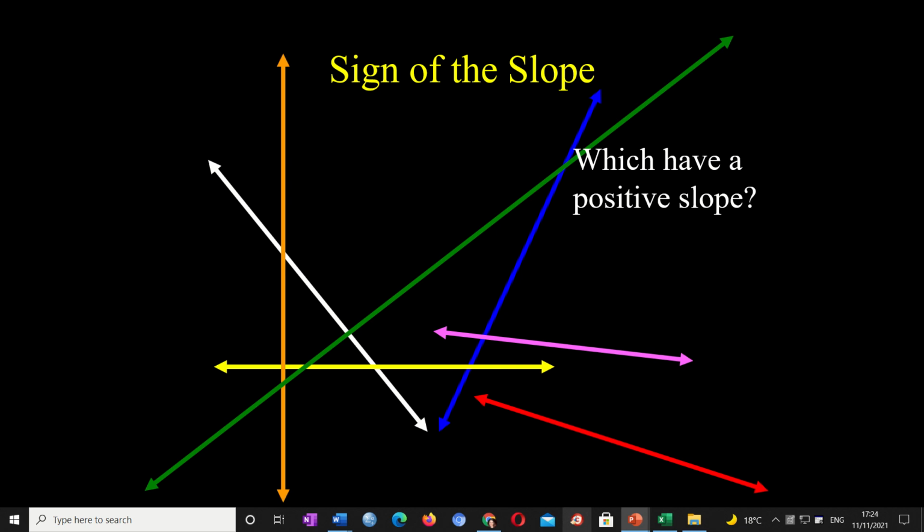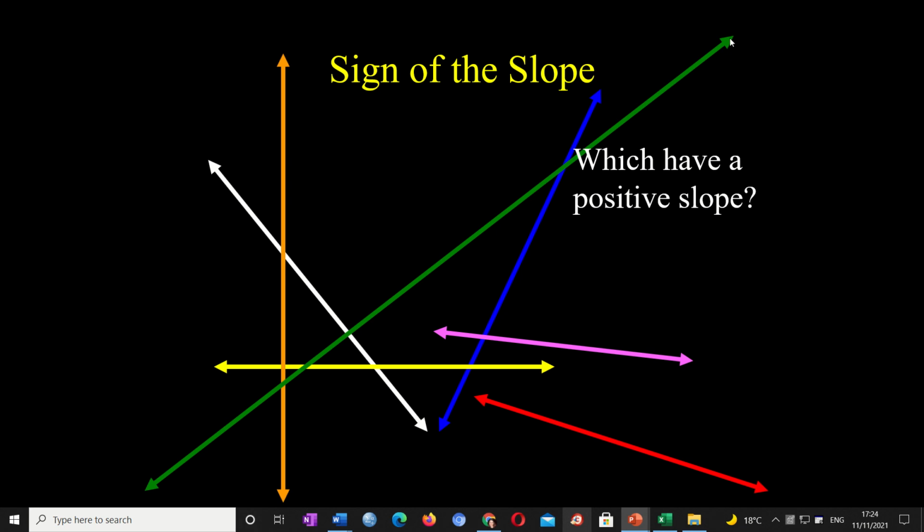Gray, blue, white. White has positive. Any other idea? Yellow negative. Red. Yellow looks like horizontal. So horizontal is 0. Orange is vertical. Vertical is undefined.